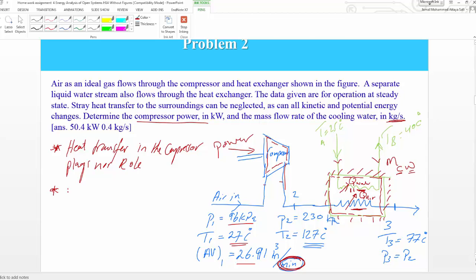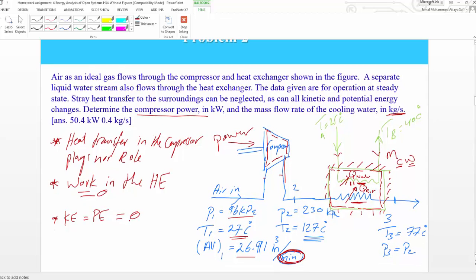The other thing is that work in the heat exchanger is also equal to 0. It has no role, so assume it's 0, and kinetic energy and potential energy are also 0, because they're not considered here. So those are the assumptions. And then we can go to the analysis.